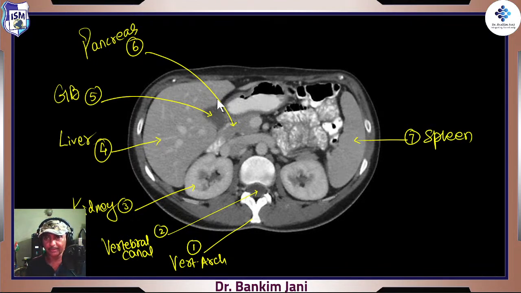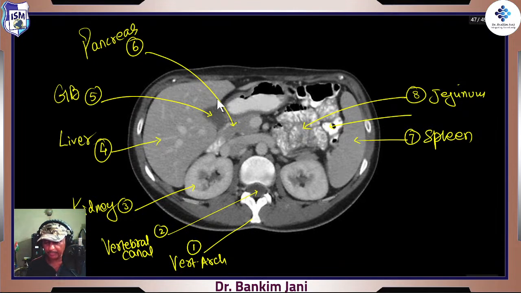Then over here, number 7, that is the spleen. With the spleen, we need to find which are these structures. The look itself is telling: small bore, with so many mucosal folds. They are small intestine, that is jejunum. Over here it is jejunum. Then which structure is so big over here?